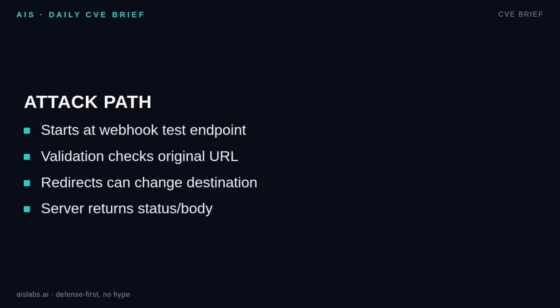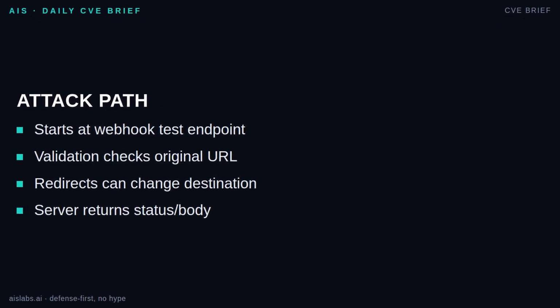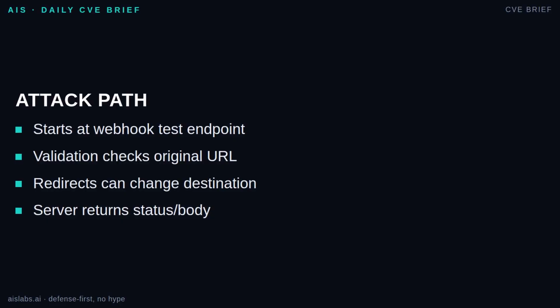Conceptually, the attack path is about a mismatch between validation and delivery. The application validates the original webhook URL, which is the right instinct. But then, during delivery, redirects are followed, and the hostname is resolved again without pinning the address that was validated. That matters because a URL can look acceptable at the first check, then lead somewhere else later through redirection and name resolution behavior.